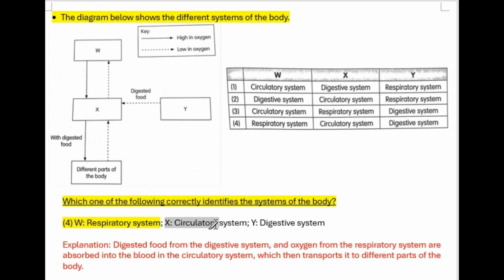Y. Digestive system. Explanation: digested food from the digestive system and oxygen from the respiratory system are absorbed into the blood in the circulatory system, which then transports it to different parts of the body.